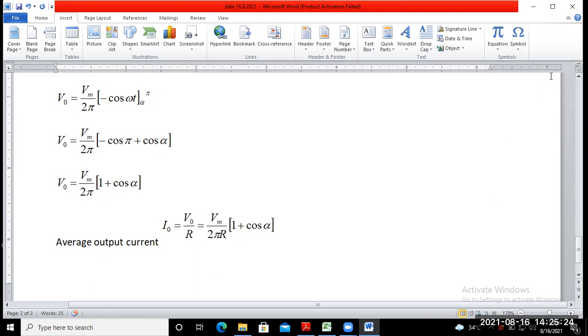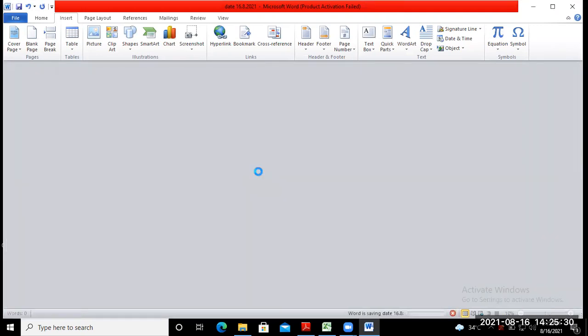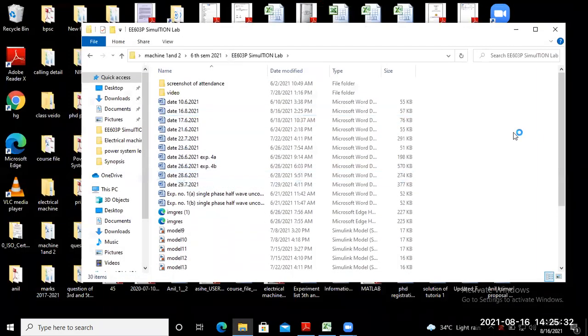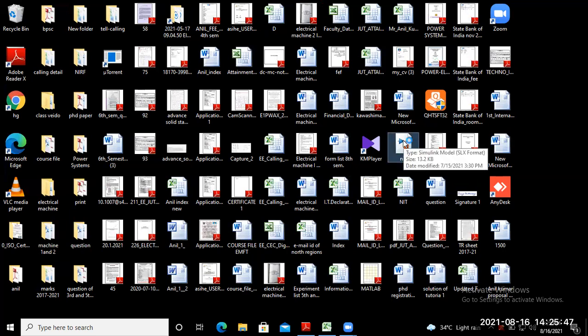So just open the Matlab. Just take some time for opening the Matlab and try to simulate the circuit. So first of all, you remember all the components required for simulation of the circuit.